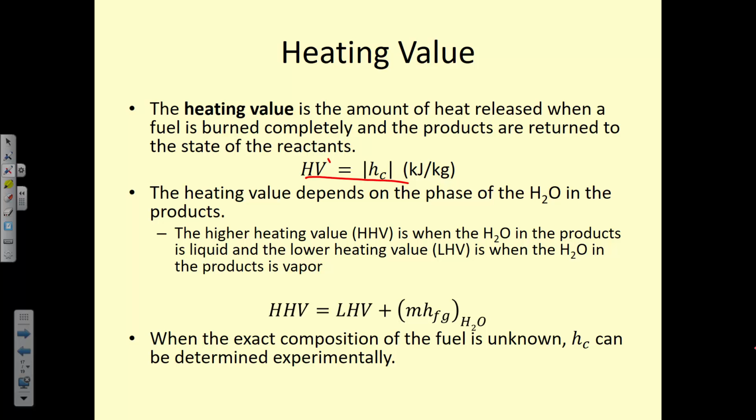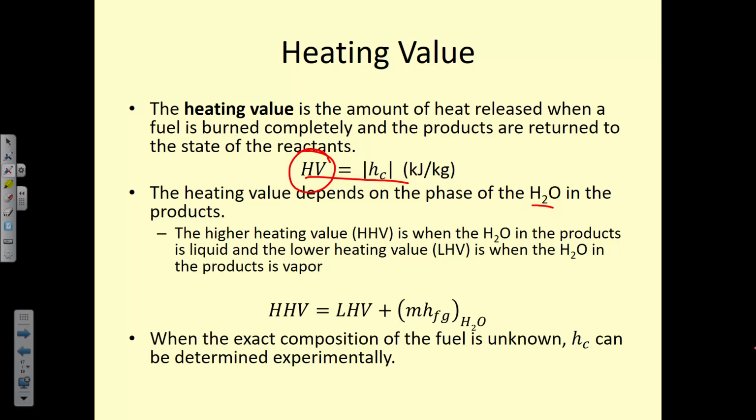It depends on the products themselves, but also on whether the water in the end reaction is in vapor form or liquid form. So there are 2 separate heating values for every fuel. One is in which the water is in the vapor form at the end of the process, and one is in which the water is in the liquid form.